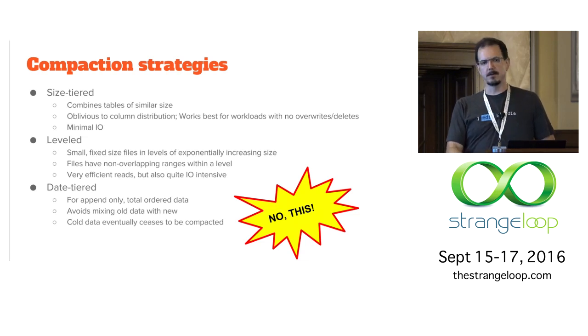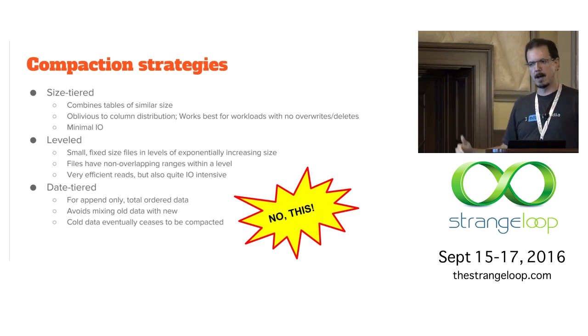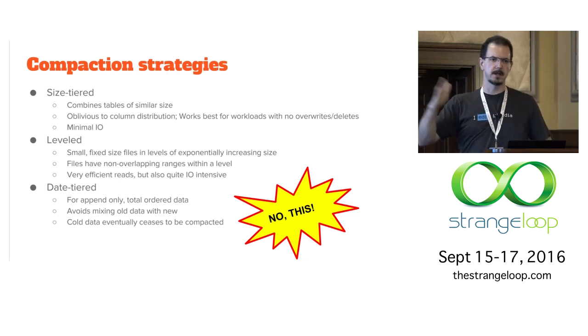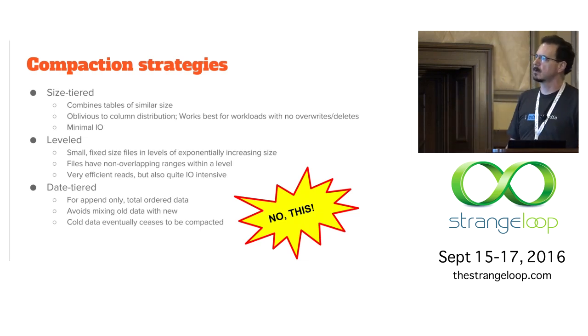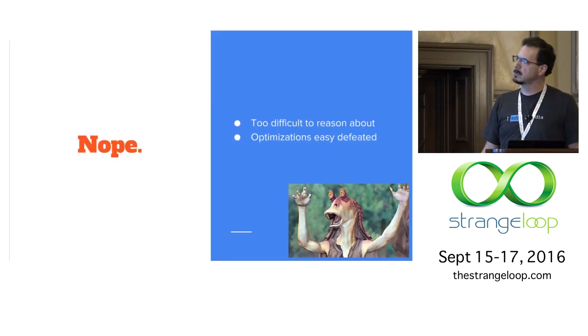The idea being, if your data set is total ordered, and if you remember ours is, it's first by revision, then by time UID, newer values always sort higher than previous values. If your data set is total ordered, then arranging things by date arranges your data in order because time and date are total ordered. And it can do this in pretty much the least amount of disk I/O. So this definitely seemed like the thing for us, except for it really wasn't.